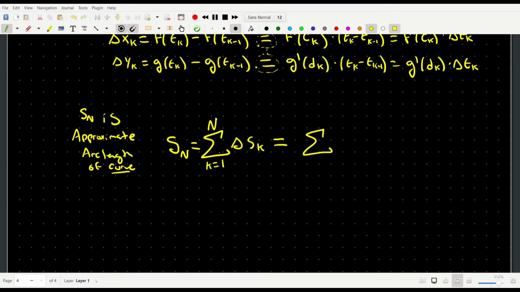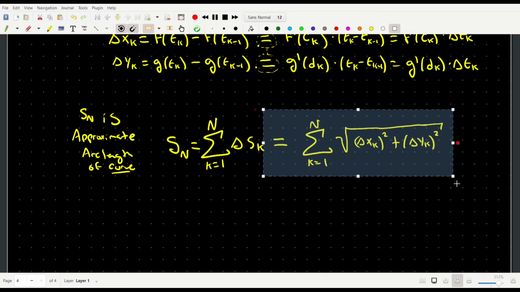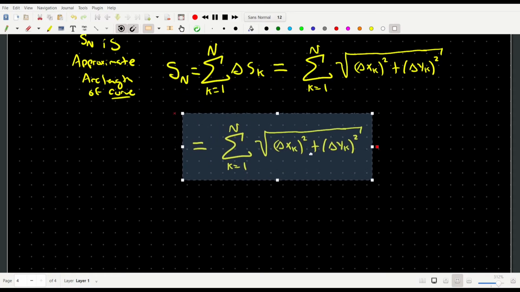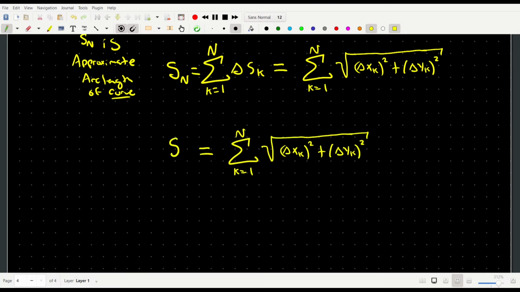We know that the approximate length is going to be the sum from k equals 1 to n of delta sk, or the sum from k equals 1 to n of the square root of delta xk squared plus delta yk squared, and from the mean value theorem we have that this is going to be the same thing as the square root of f prime of ck delta tk squared plus g prime of dk delta tk squared.